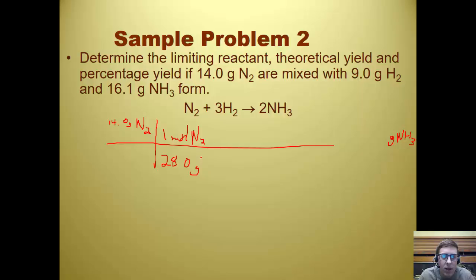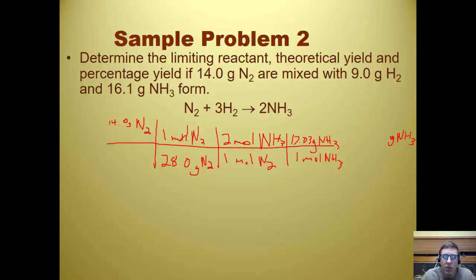We know we have 1 mole of N2 yields 2 moles of NH3, and 1 mole of NH3 is 17.03 grams NH3.